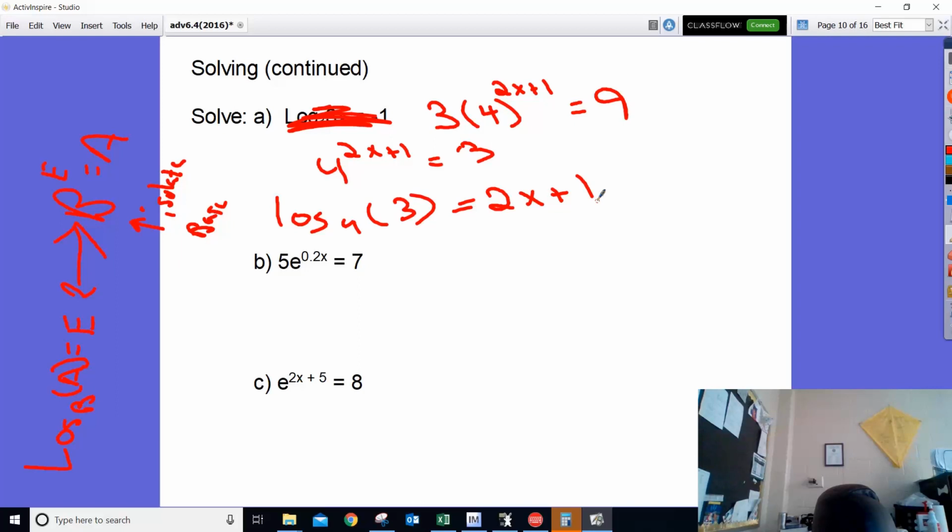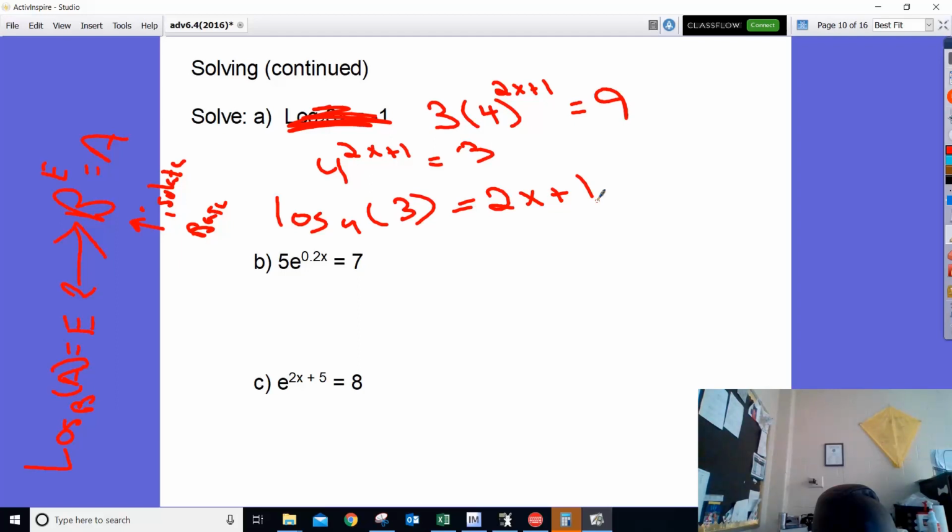Now, on that little page of notes I made up, I gave you what's called change of base. If you just press log on a calculator, you don't have the option of telling it's base 4, do you? No. There is a way to actually pull up change of base on a calculator, but I'm not going to go over that because that's not a good change of base. We're going to rewrite log base 4 of 3 using change of base.